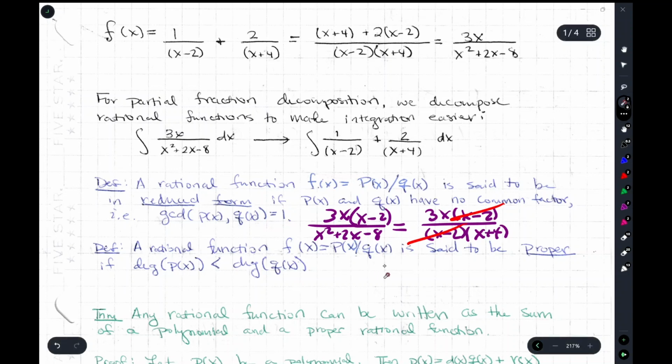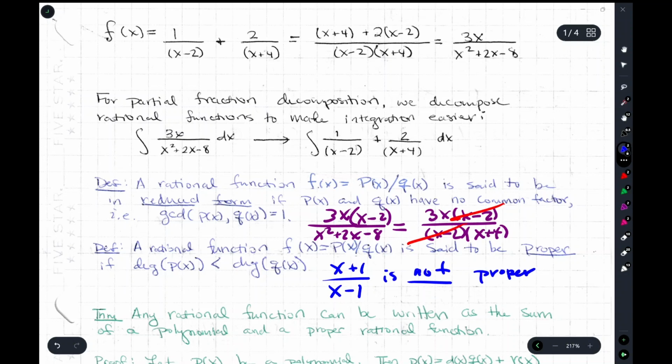Also, a rational function is said to be proper if the degree of the numerator is strictly less than the degree of the denominator. So for example, x plus 1 over x minus 1 is not proper.